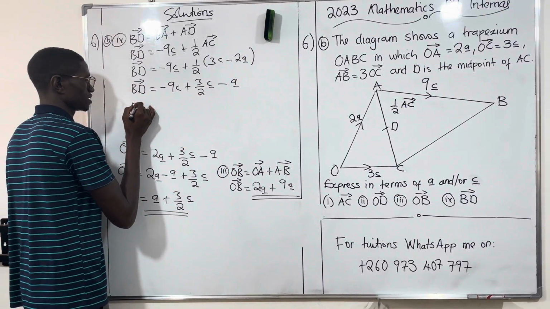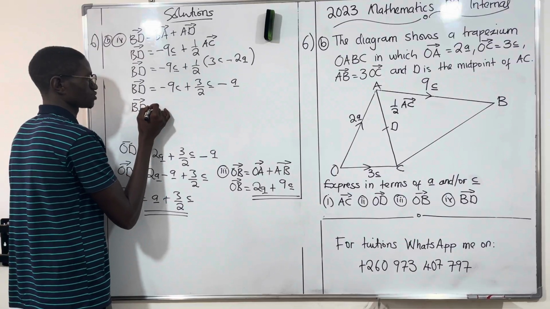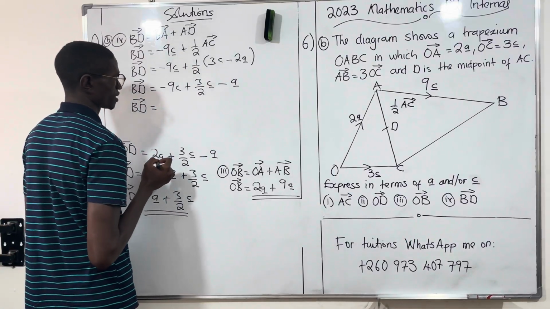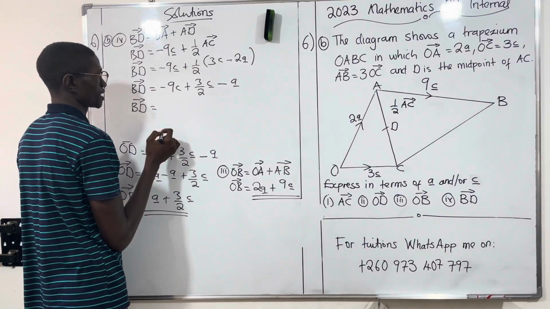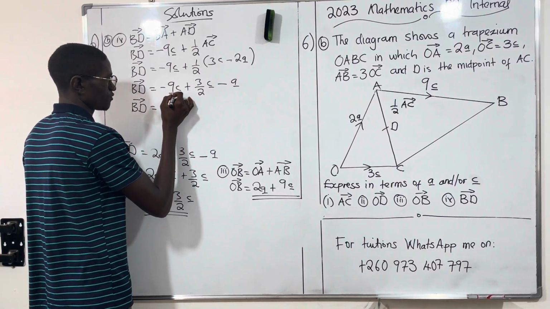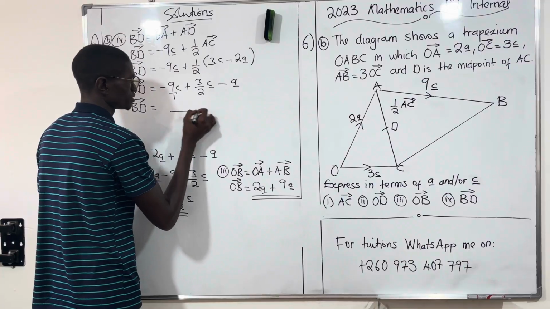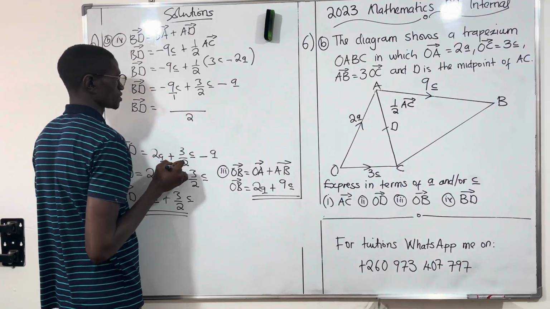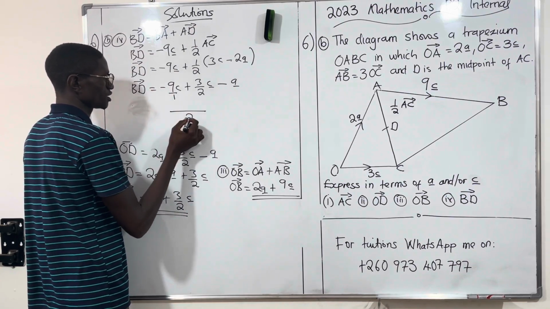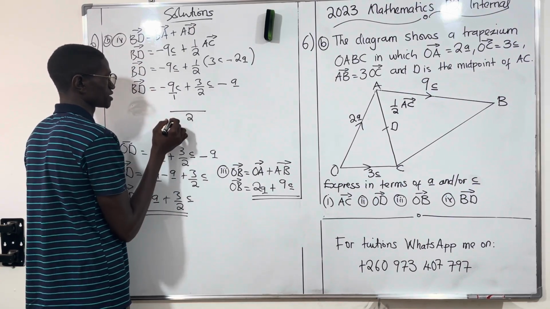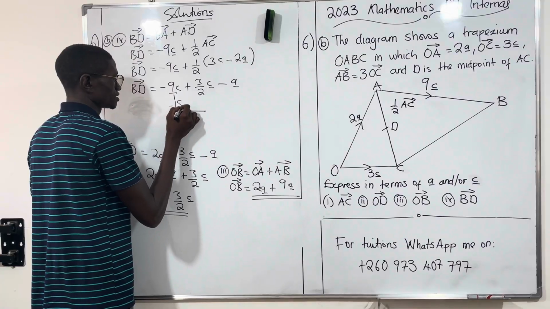I explained why they cancel. At this point, I'm sure you understand why. Okay. And then we can simplify these because they are like terms. So you can actually say over 1, and then we divide by 2. That's our common denominator. We can now say 2 divided by 1 is 2. 2 times negative 9 is negative 18.